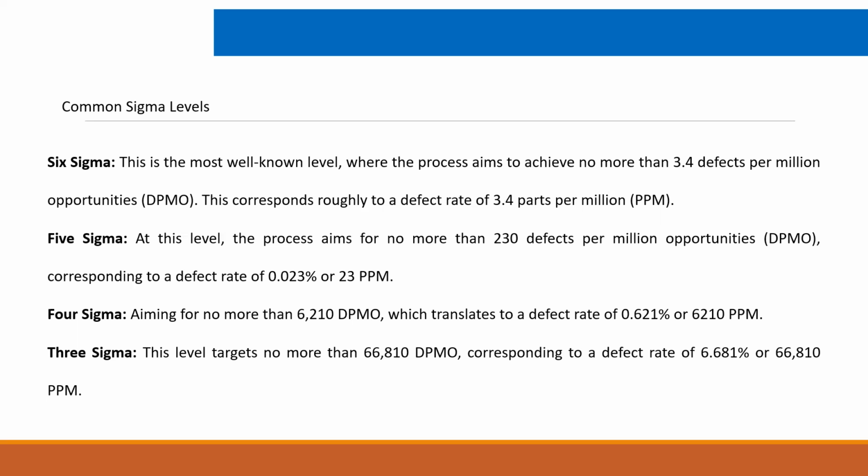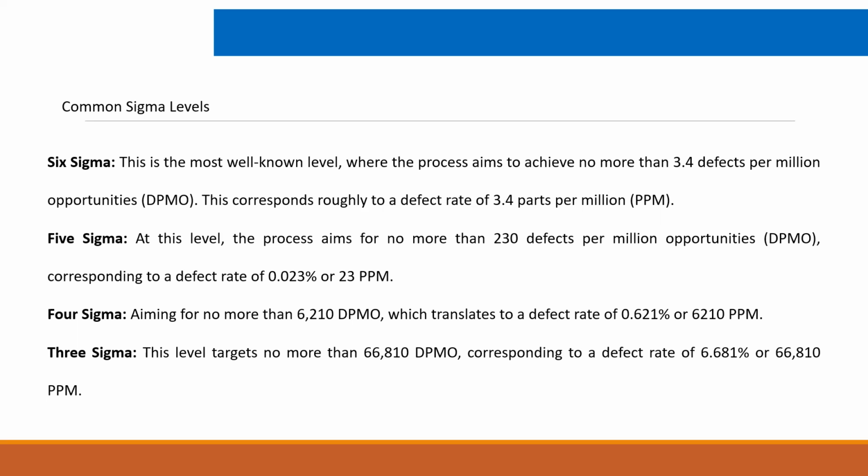Now, if your process is at 4 Sigma, what is the error ratio? Aiming for no more than 6,210 DPMO. That means not more than 6,210 defects per million opportunities, which translates to 0.621% or 6,210 ppm.